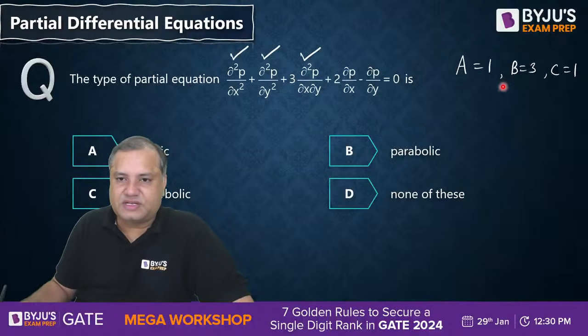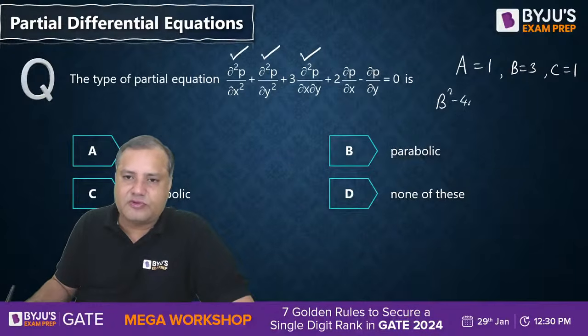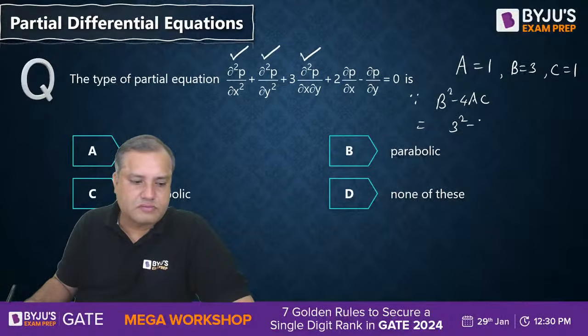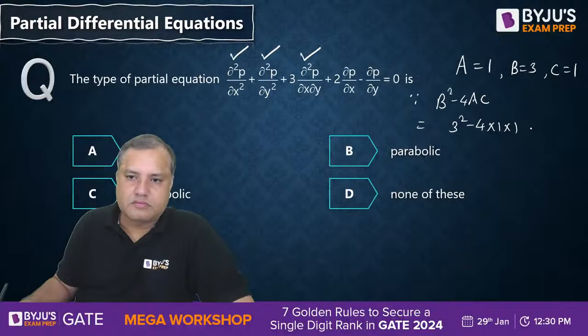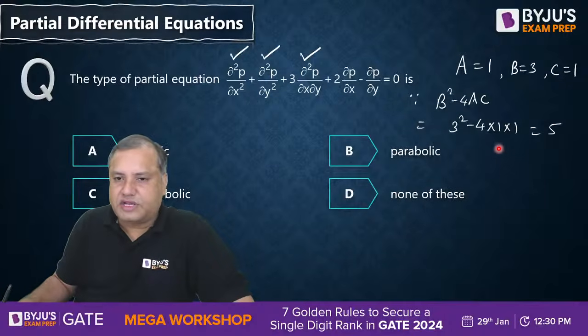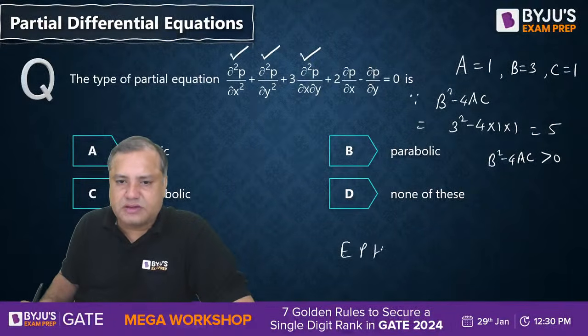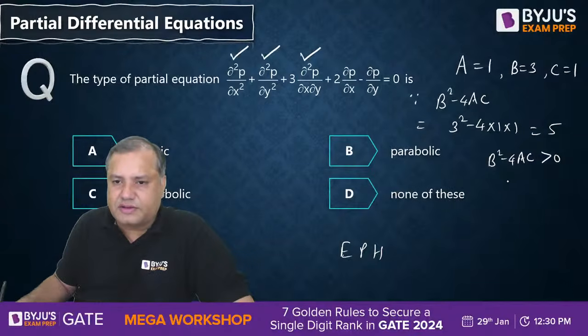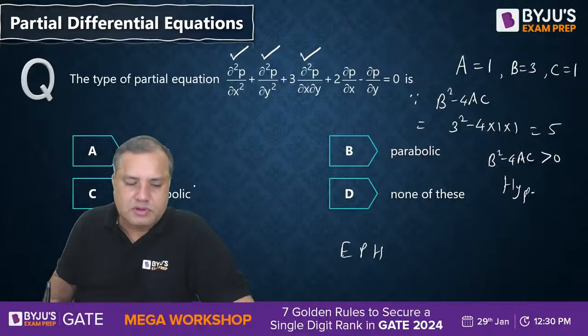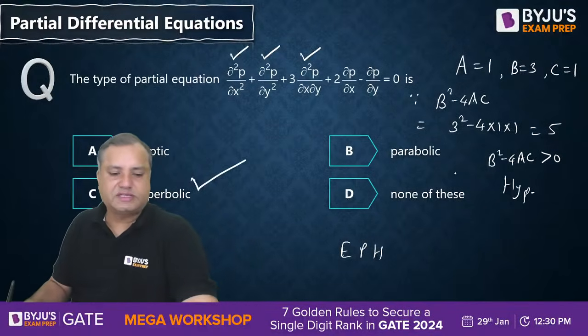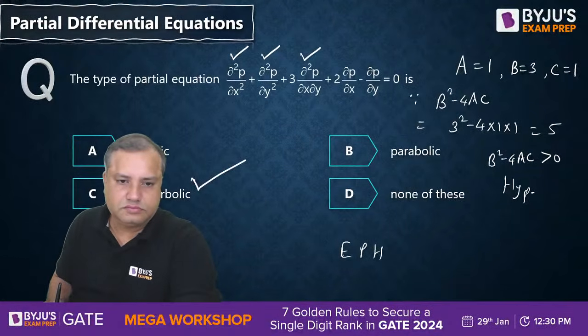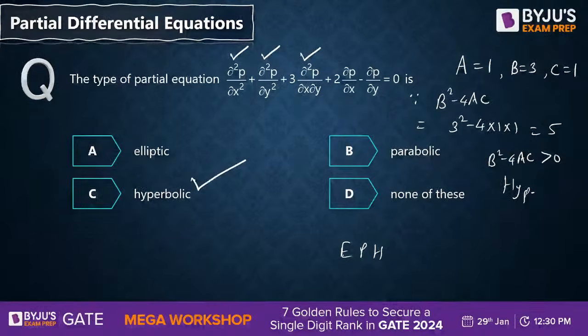So students, just calculate b square minus 4ac. See here, b square minus 4ac is 5, which is greater than 0. Just remember that sequence EPH. So greater than 0 means hyperbolic. So option C is the correct answer.